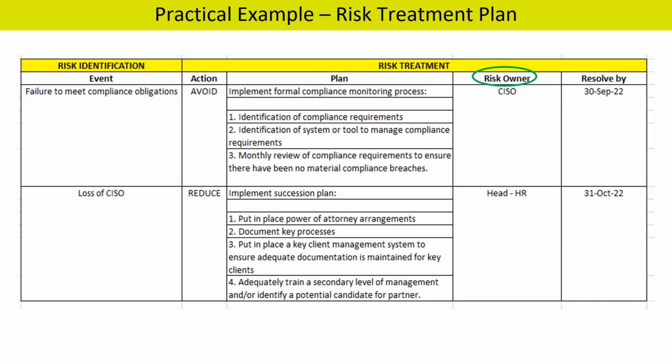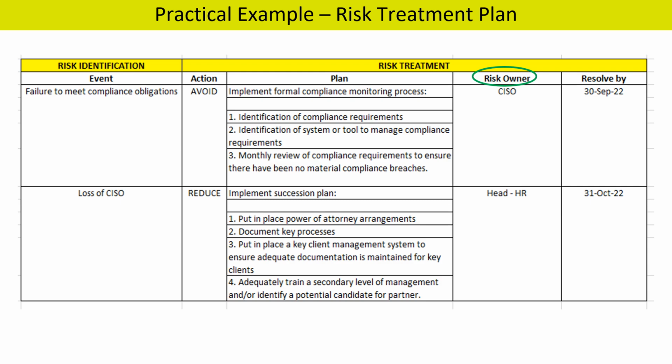In practice, you may find this kind of risk treatment plan. This table shows a real life example of how a risk treatment plan is made. Please note that the standard does not mandate any specific format or procedure. Organization can adopt their own format for the risk treatment plan.